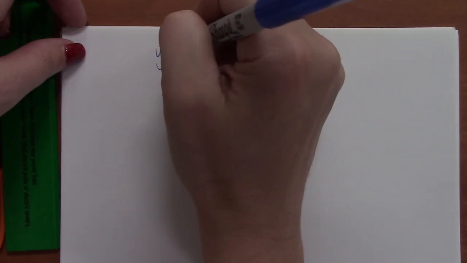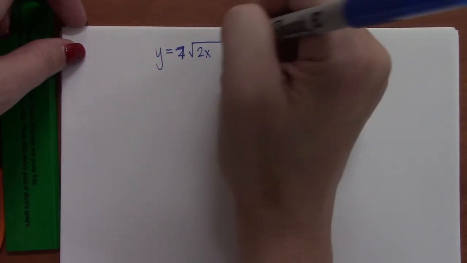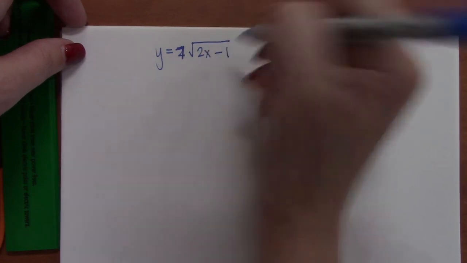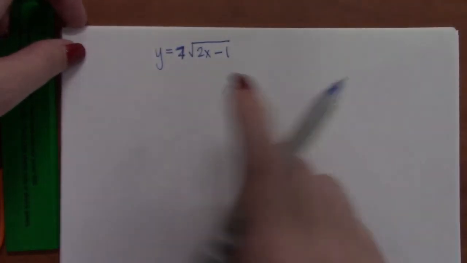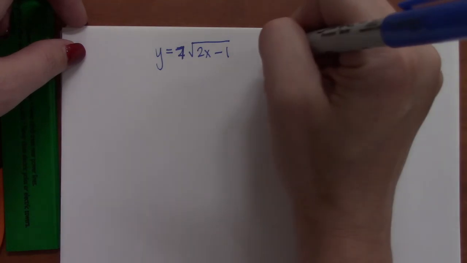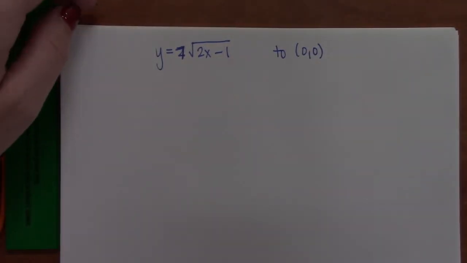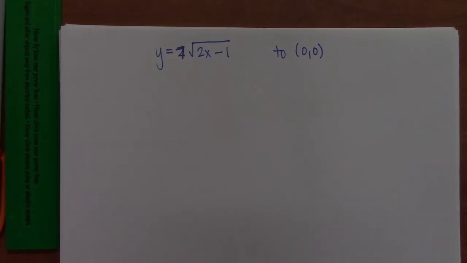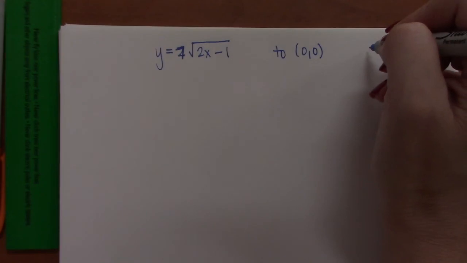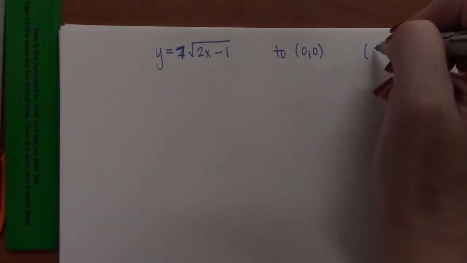Oh, it was 7 square root of 2x minus 1, right? So we wanted you to find a point on this curve to the origin, right? And we wanted you to find the rate that the y coordinate was changing when we were at the point, what was it, 7 root 5? Yeah.